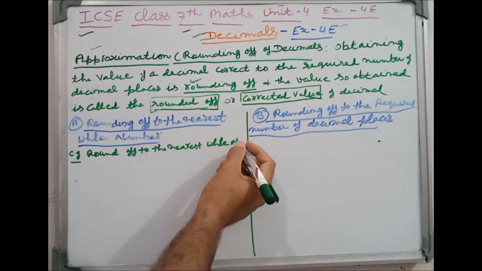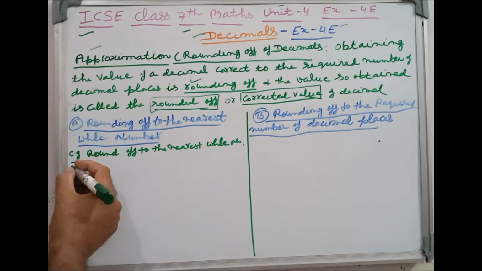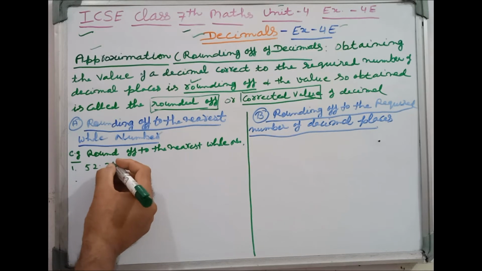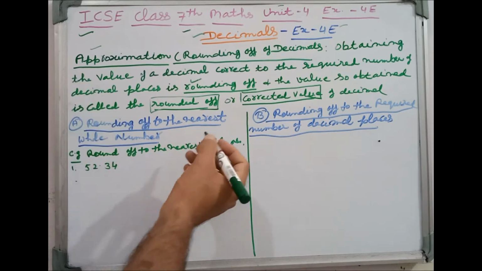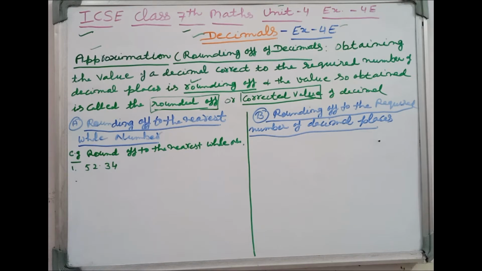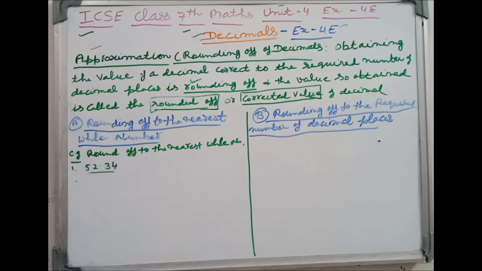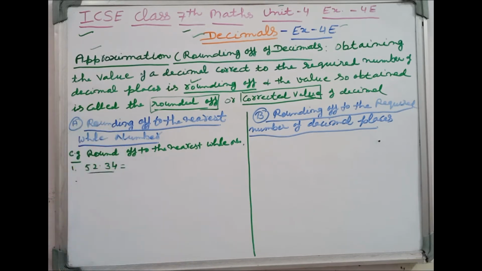Right? So first we will take 52.34. We have to round off this number to the nearest whole number, right? So this is the given number 52.34. First we will see its whole number part.